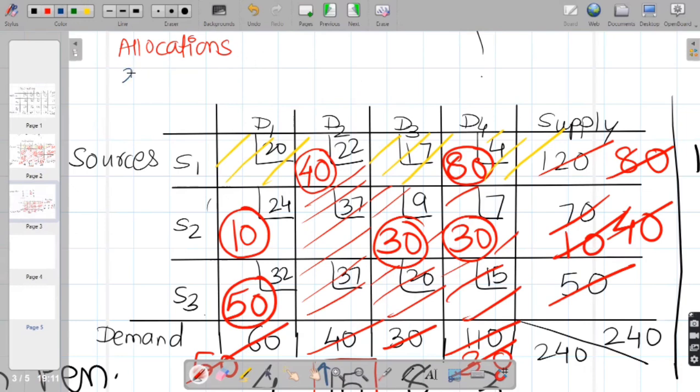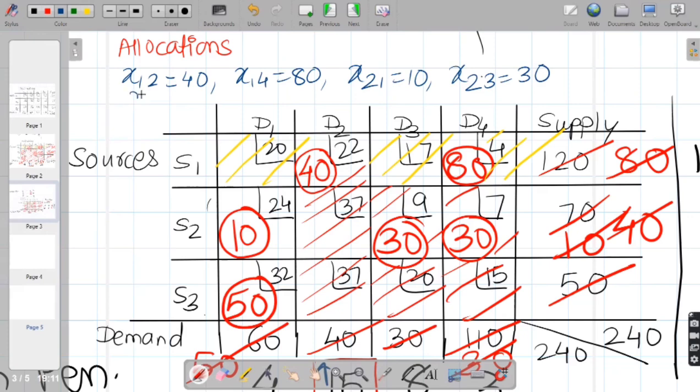So we will write X12 is equal to 40, X14 is equal to 80, X21 is equal to 10, X23 is equal to 30, X24 is also 30, X31 is 50, and we are getting exactly 6 allocations.